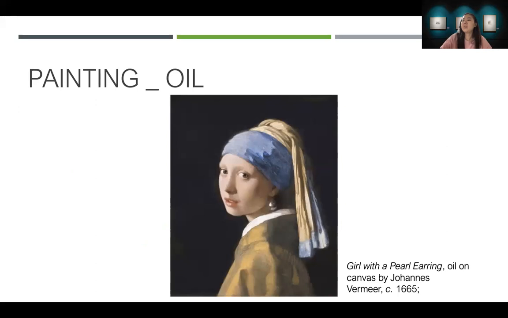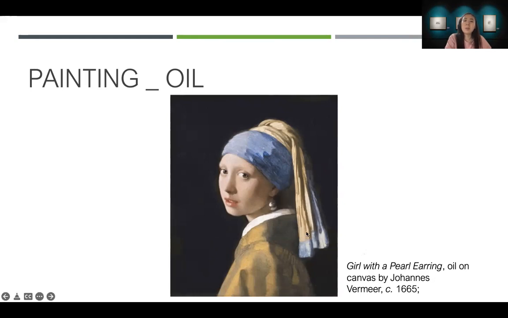This is Johannes Vermeer's oil painting, Girl with a Pearl Earring, from 1665. Vermeer was a Dutch Baroque period painter who specialized in domestic interiors of middle-class life. During his lifetime, he was a moderately successful provincial genre painter.